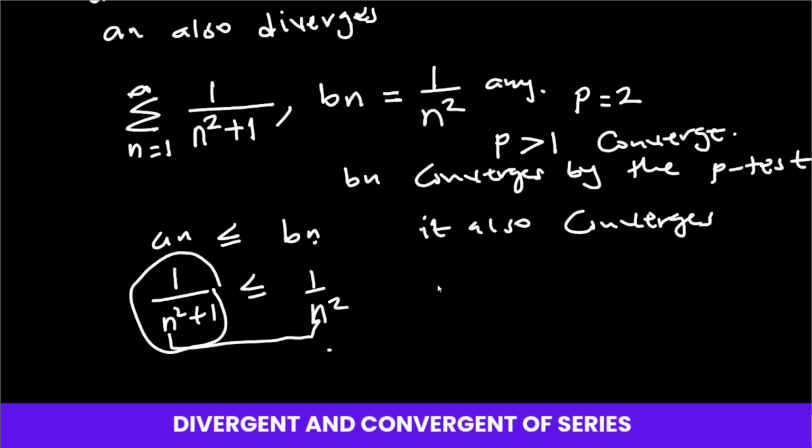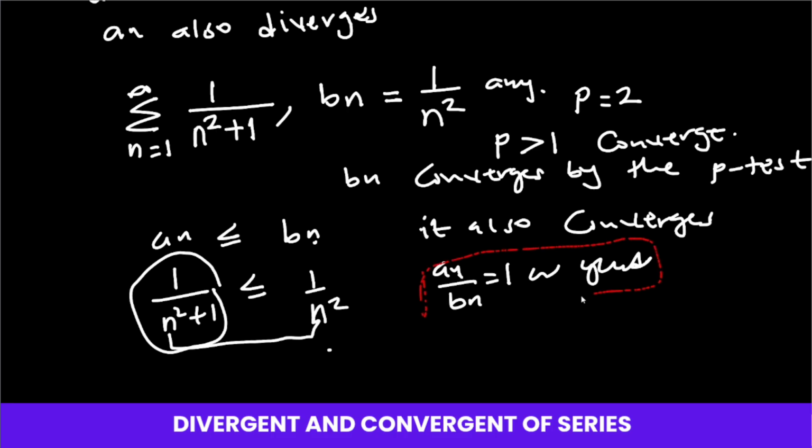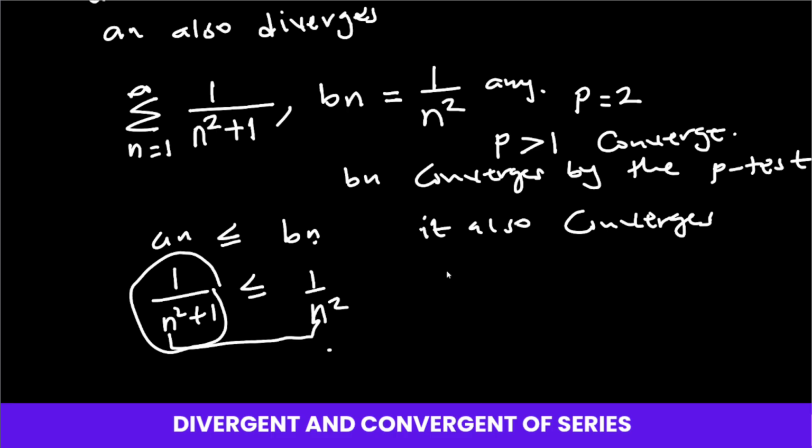Another way to do it is to divide An by Bn.